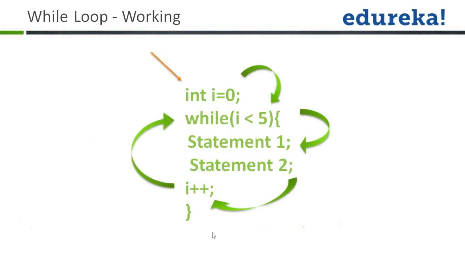So it will keep on running the cycle till the value of I is not less than 5. That means as soon as it is equal to 5, it will get out of the while loop. So this is the flow diagram, the working of a while loop right here.